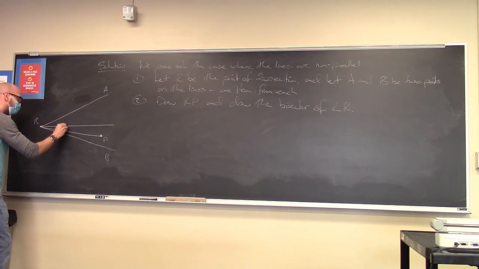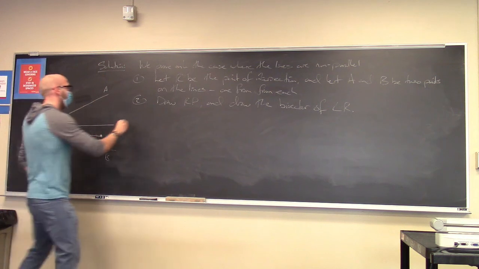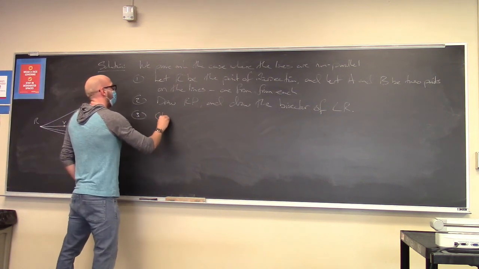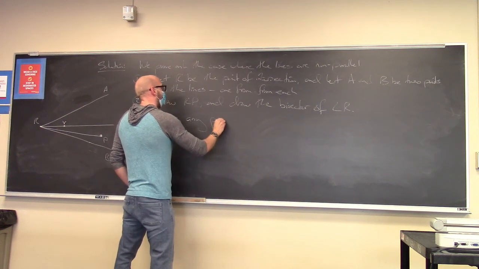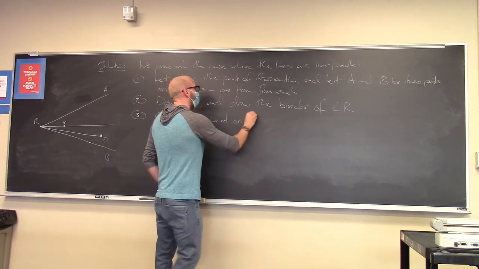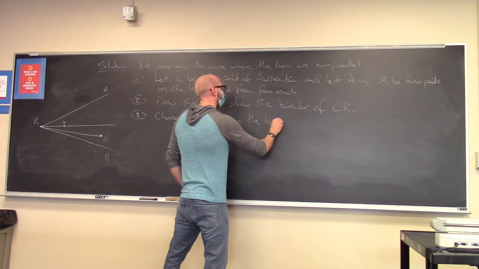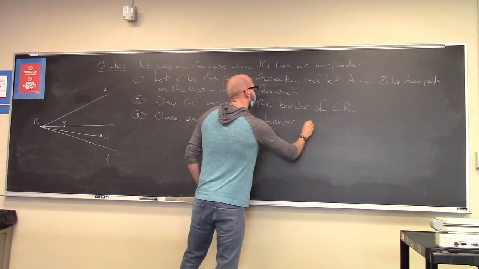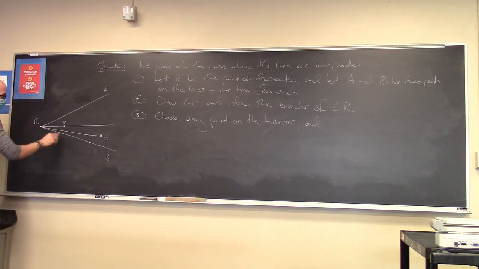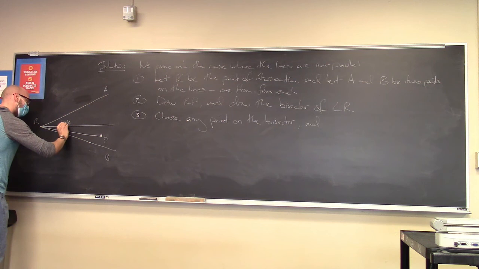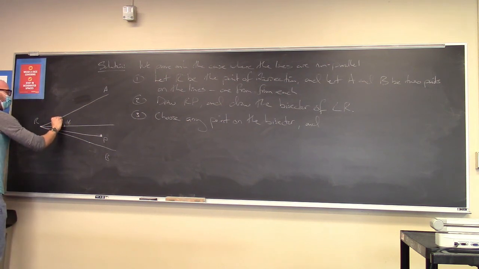So we'll choose any old point. We'll call this point V. Choose any point on the bisector. And we're going to drop a perpendicular to RA.